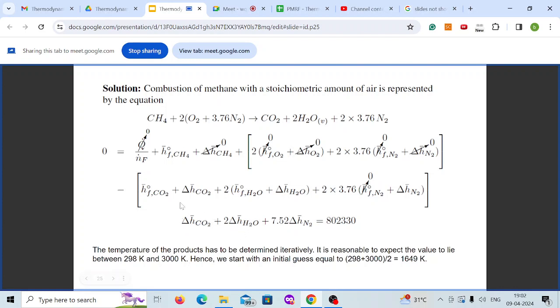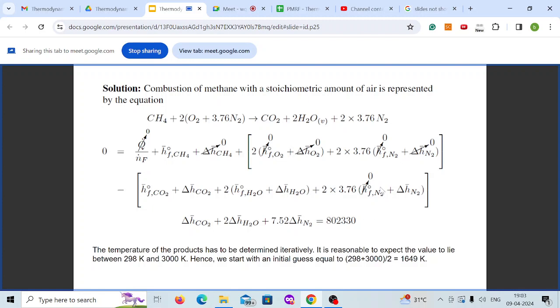So you have delta H CO2 plus 2 times delta H of H2O plus 7.52 moles of nitrogen into delta H N2. This is equal to the total enthalpy of formation, so 802330. This is the equation which you get from the steady flow energy equation.